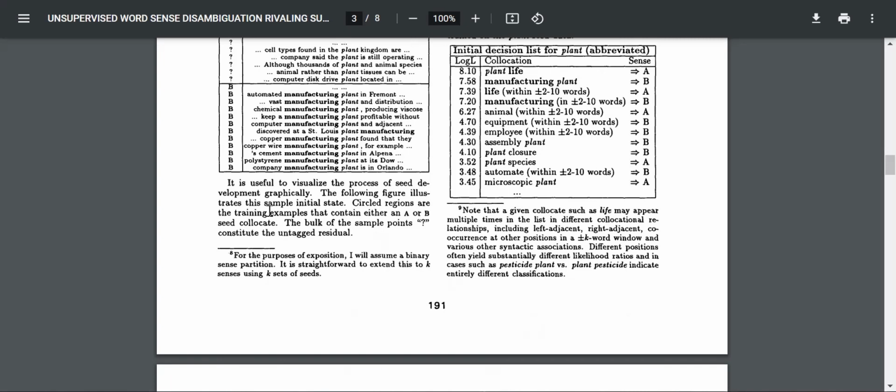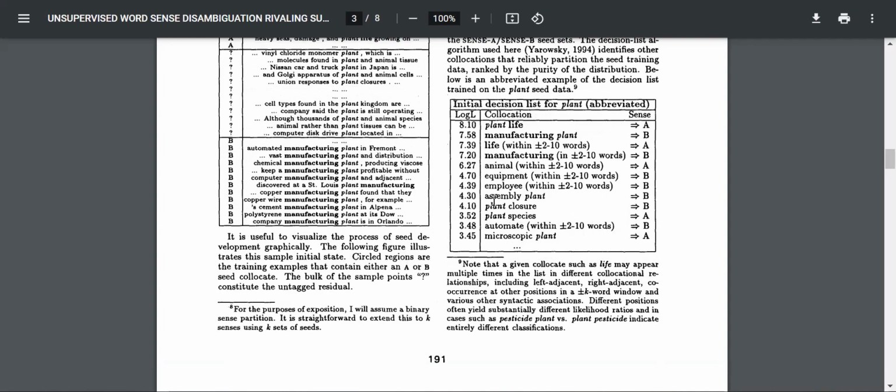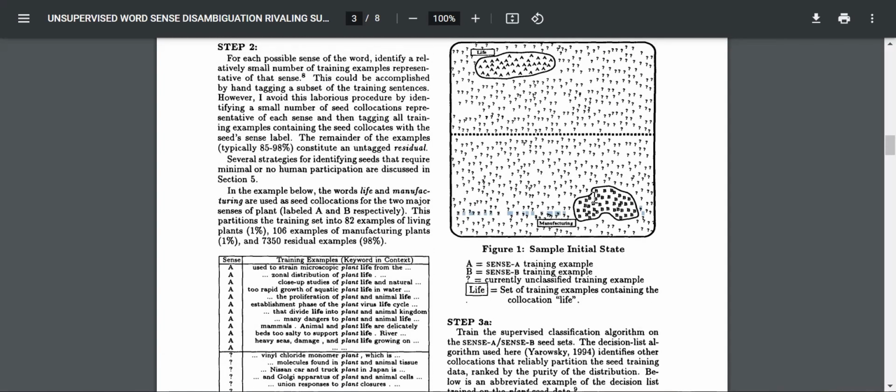It is useful to visualize the process of seed development graphically. The following figure illustrates the sample initial state. Circled regions are the training examples that contain either an A or B seed collocate. The bulk of the sample points, marked with question marks, constitute the untagged residue. So you can see you have some here and some here, and the majority of it is untagged.